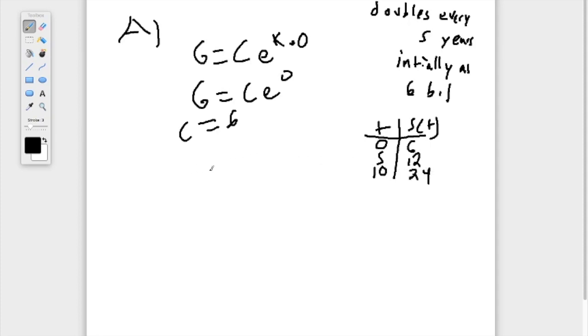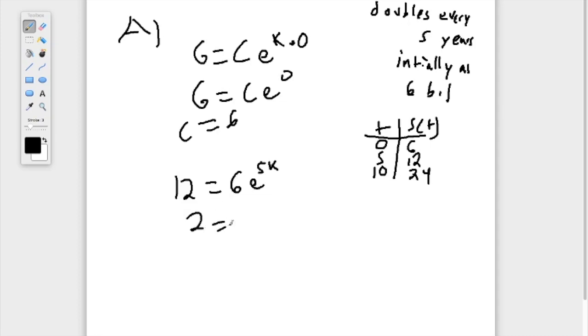So now we're going to try to find k. Let's plug in points. S(t) is 12 when t equals 5. Something like this should work, and then we just have to solve for k. We divide by 6 on both sides.